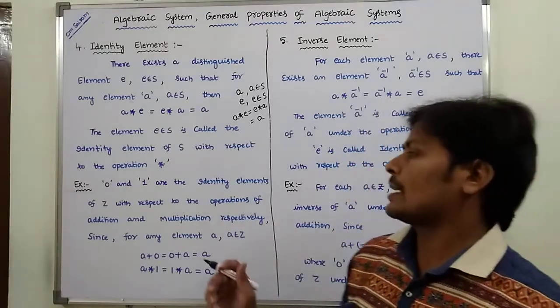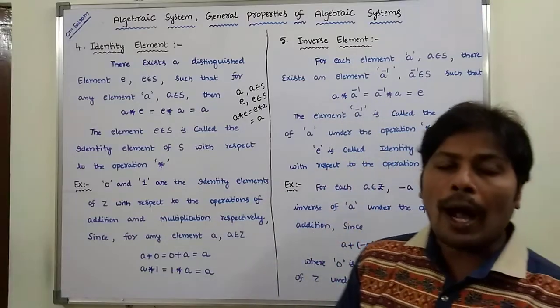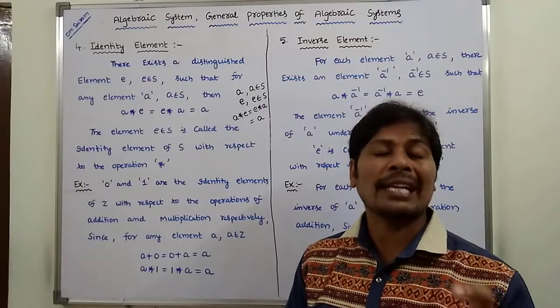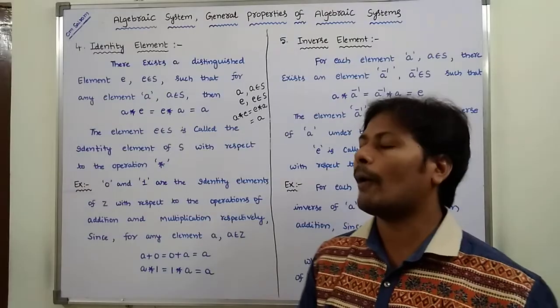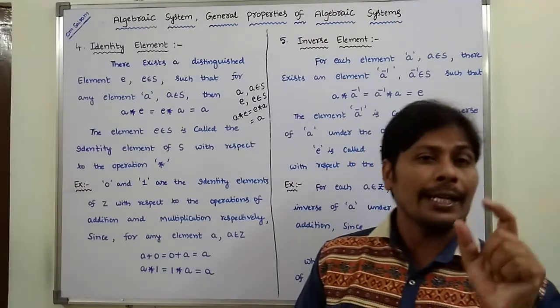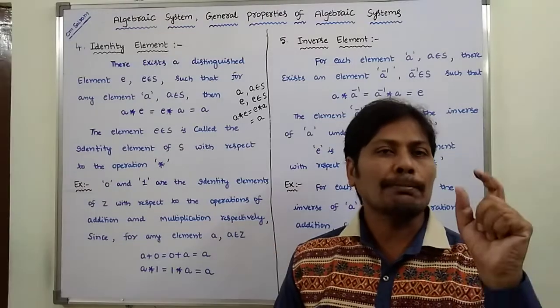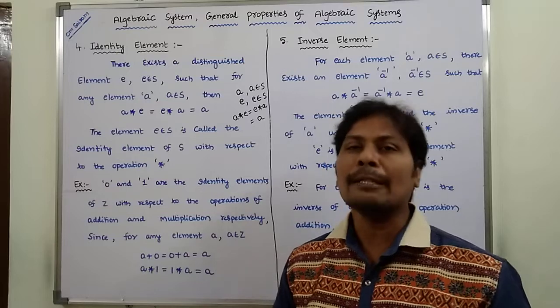Okay, next example. Here 0 and 1 are the identity elements with respect to the addition operation and multiplication operation. For the addition operation, the identity element is 0. For the multiplication operation, the identity element is 1.